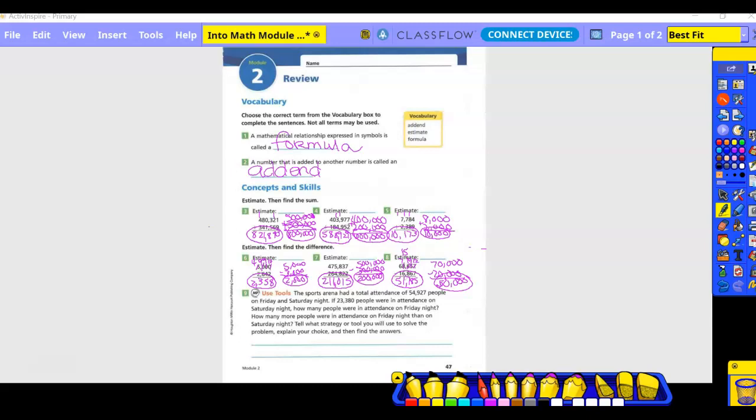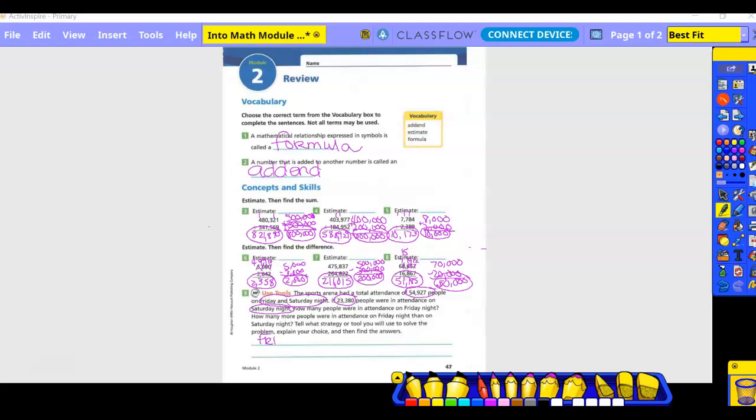Okay, so let's pull out our information. So for both Friday and Saturday night, it was 54,927. And then for Saturday night, it was 23,380 people. Okay, so we need to find, what did we need to find? Friday, right?